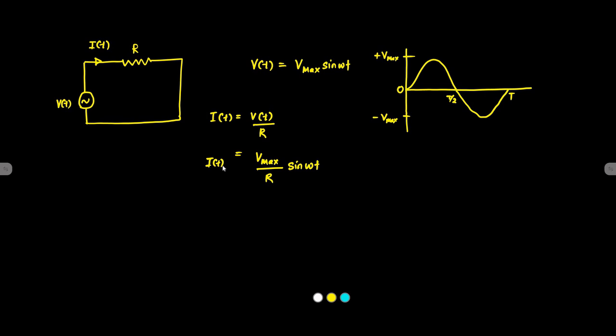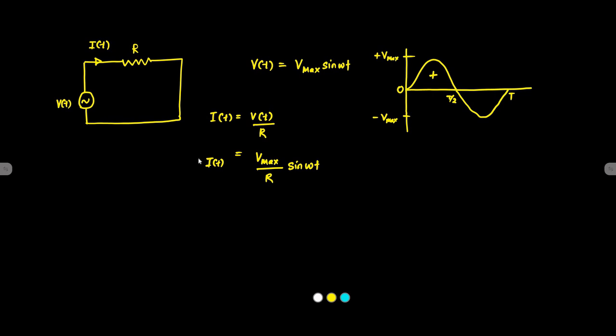Now since the calculation of mean value or average value is related to the charge transferred during the positive half cycle of the alternating voltage, from time instant 0 to T by 2, half the total time period, we have to consider this current, because charge is transferred due to the flow of current; rate of flow of charge is equal to current.